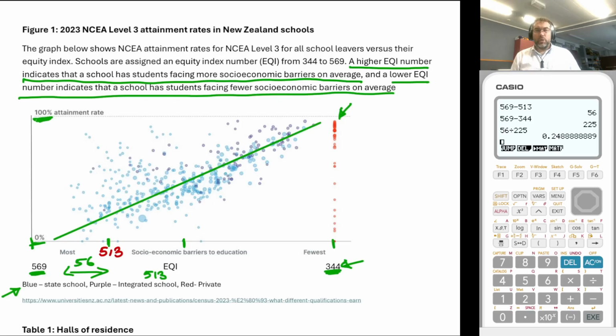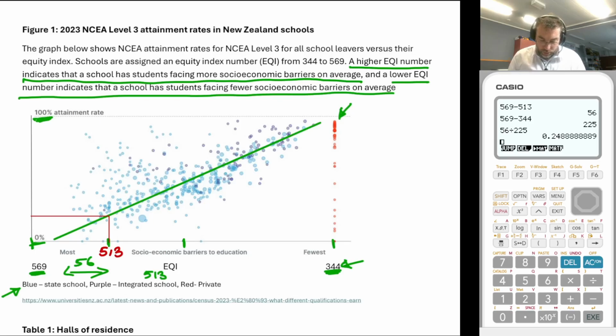Now all I need to do is draw a line straight up from there until it intersects with my line of best fit, and then from there draw one straight across to where it intersects with the axis, and then see how far up that axis it is.